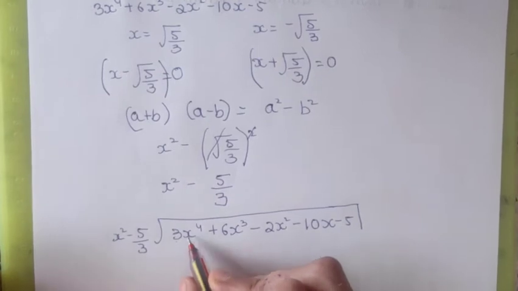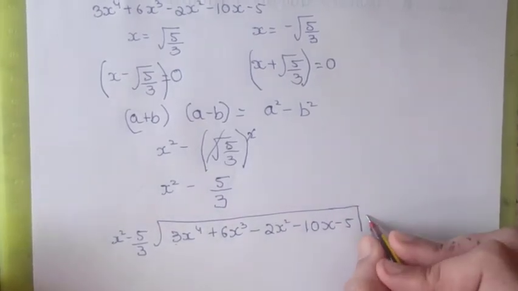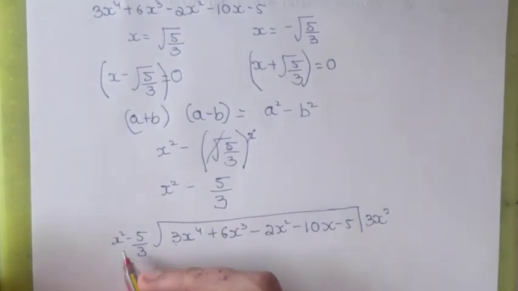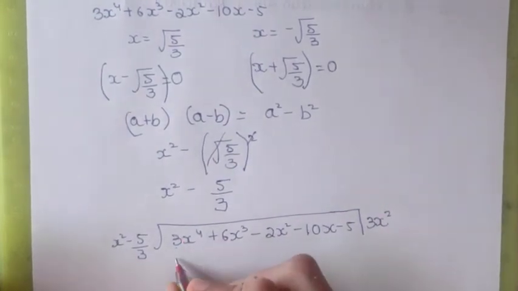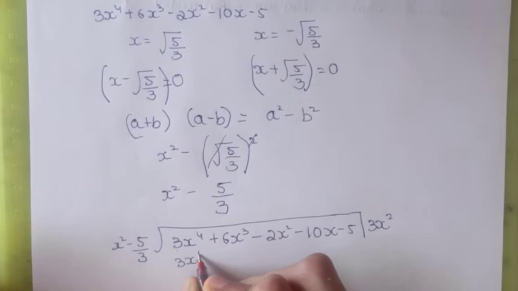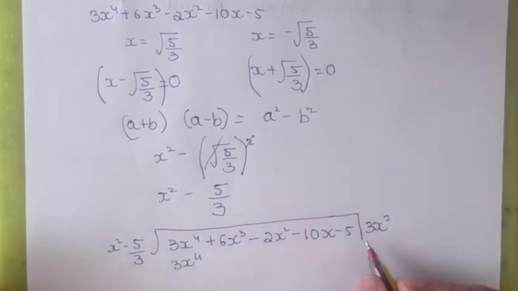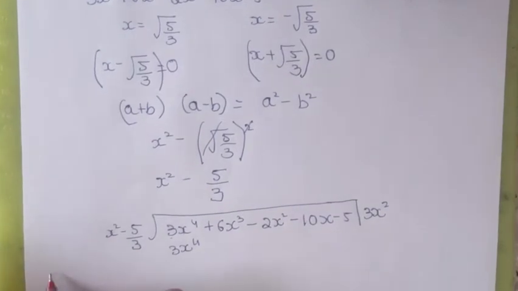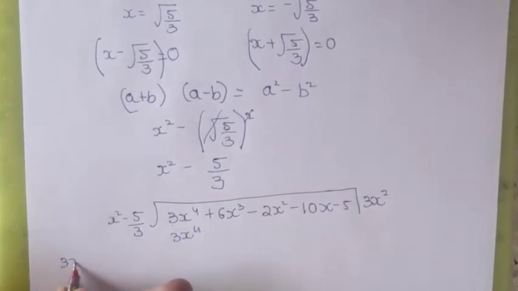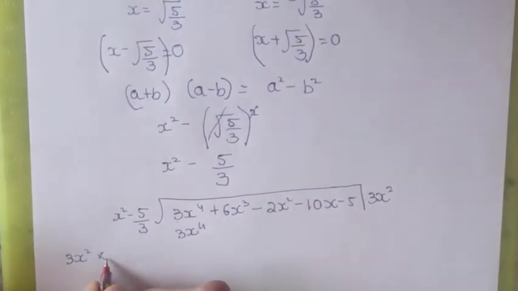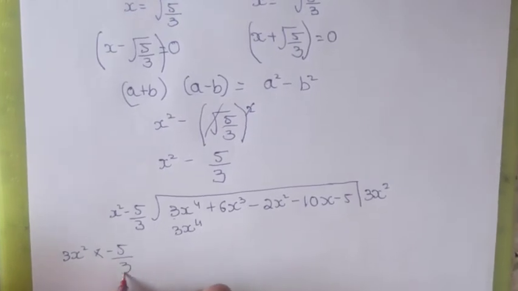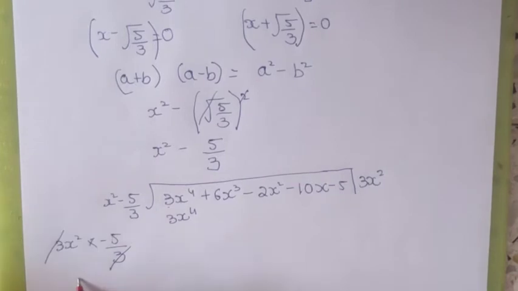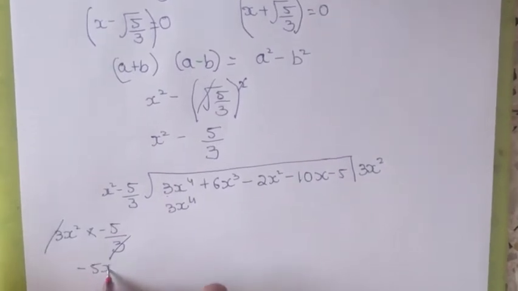First we want 3x^4, so I'll multiply by 3x square: 3x square into x square becomes 3x^4, and 3x square into minus 5 by 3, the 3 will cancel, becomes minus 5x square.